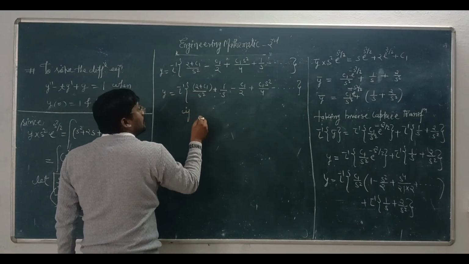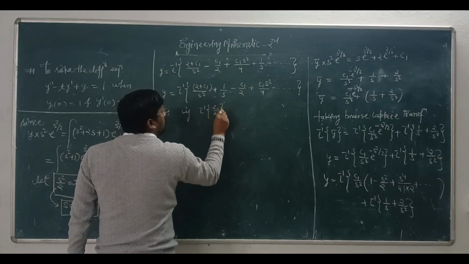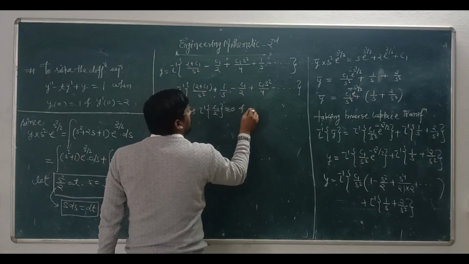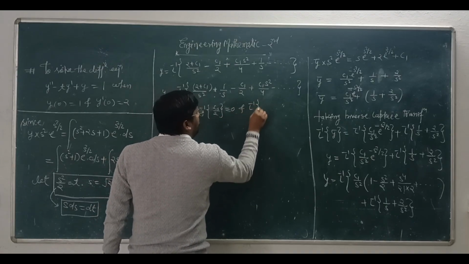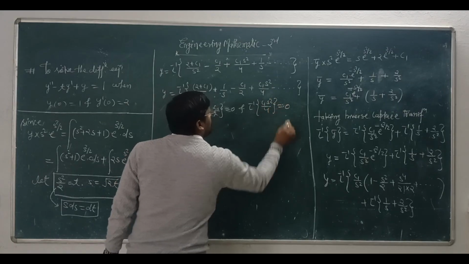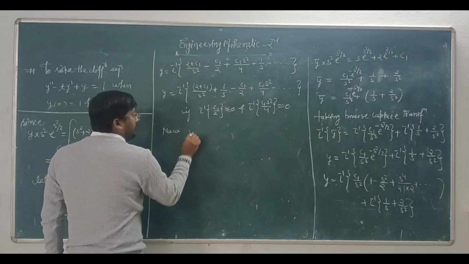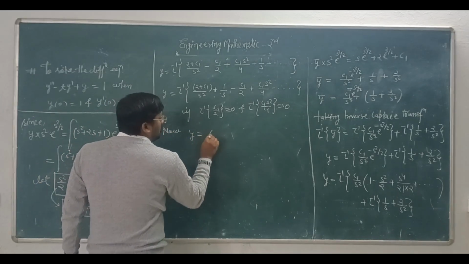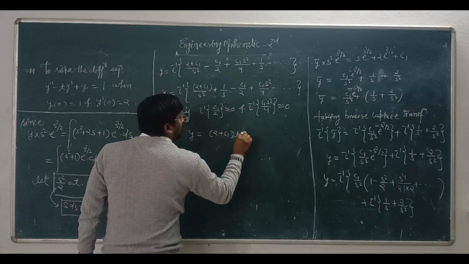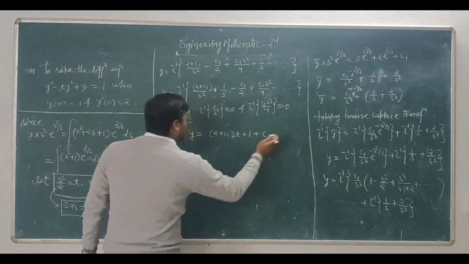If inverse Laplace of C1 by 2 is equal to 0 and inverse Laplace of C1 s square by 4 is also equal to 0, now you can write y is equal to 2c1 t plus 1 plus c1 plus c.